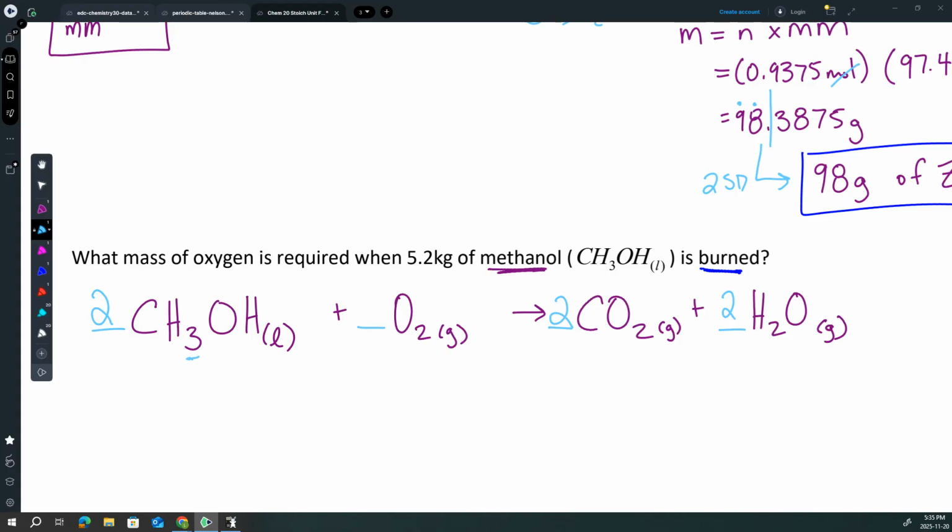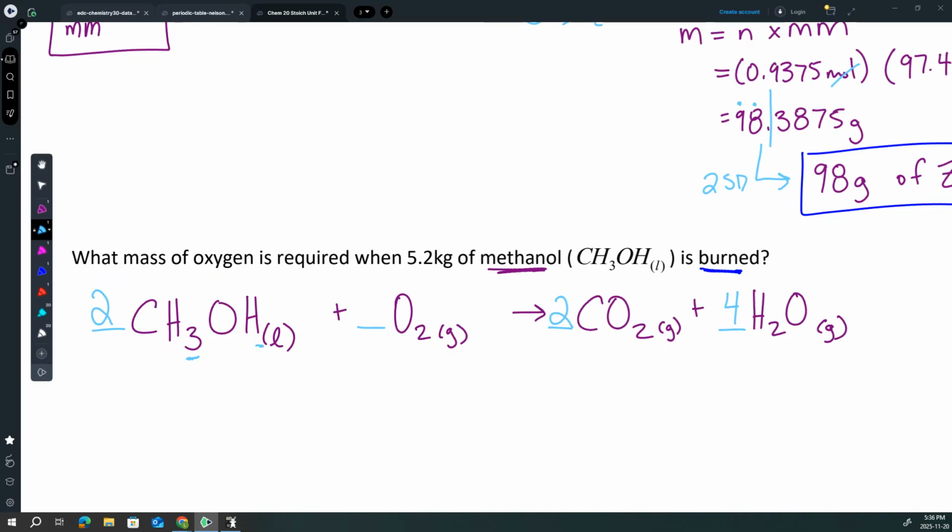So we did have 4 times 2 hydrogens, so that's going to be 8 hydrogens, and right now we have 4 hydrogens on the product side. Okay, so let's erase this. I'm going to increase this to 4. Okay, so now we have 8 hydrogens on the product side as well.